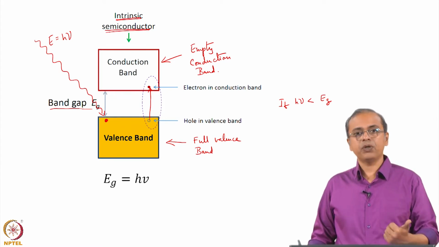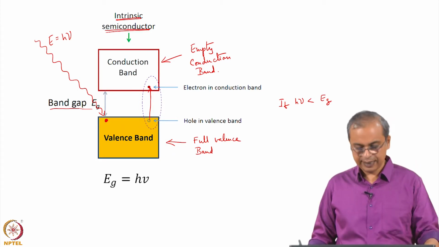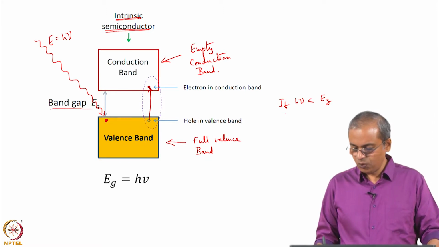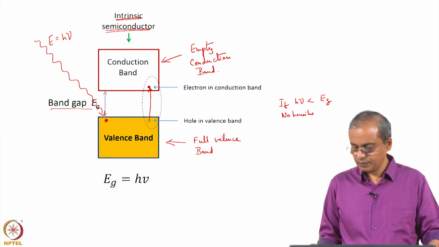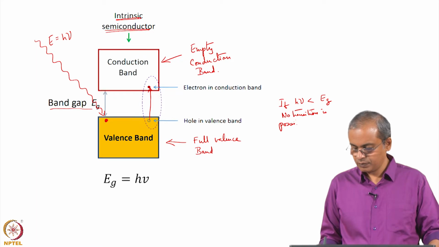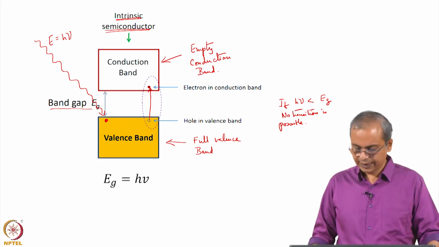It is unable to pick up that energy from the photon, and the photon just passes on without interaction. So, if h nu is less than E g, no transition is possible, and so the photon goes through without interaction.